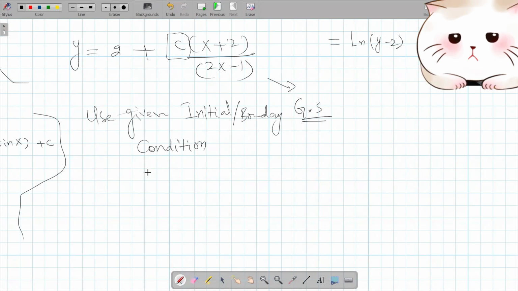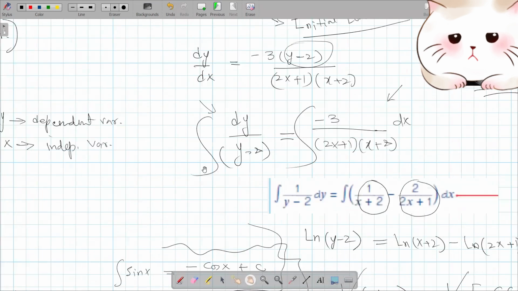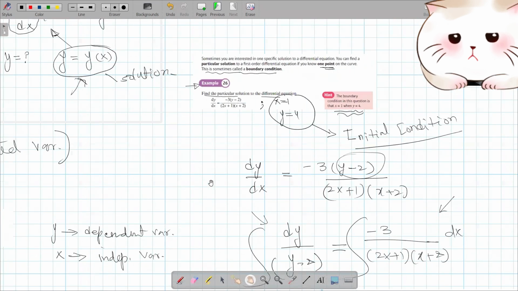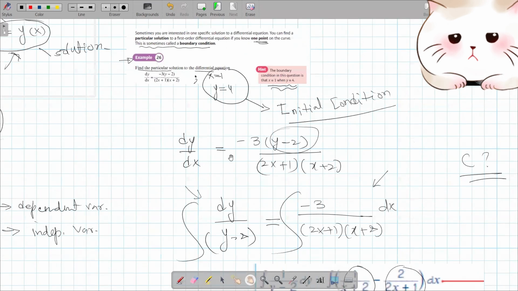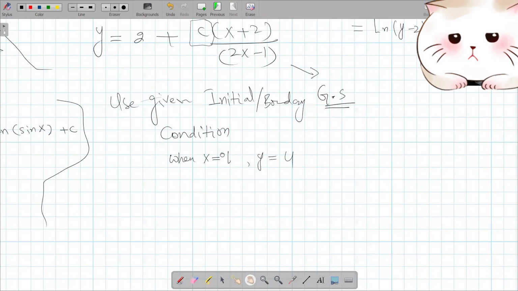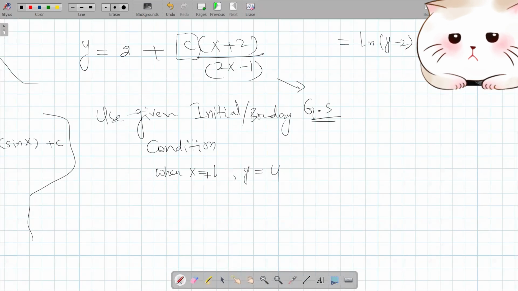So using the given initial condition, what is that condition? It was given that when x is 1, y is 4. Let us check it in the question. When x is 1, y is 4. These are the correct conditions. Let's put these values.